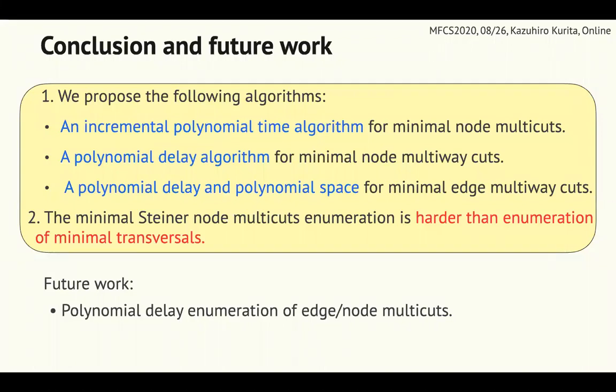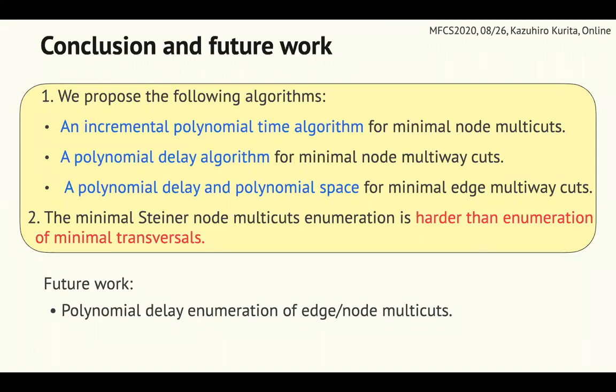Conclusion. We propose three efficient enumeration algorithms and prove one hardness result. One is an incremental polynomial time algorithm for minimal node multicuts, and a polynomial delay algorithm for minimal node multiway cuts, and polynomial delay and polynomial space for minimal edge multiway cuts.